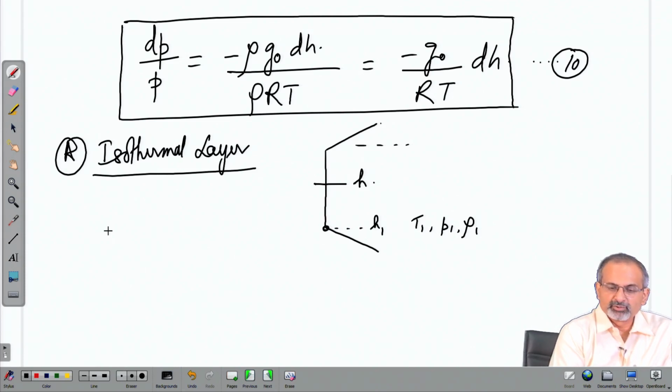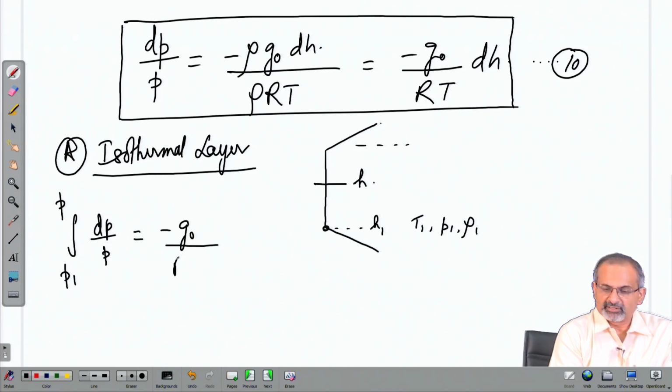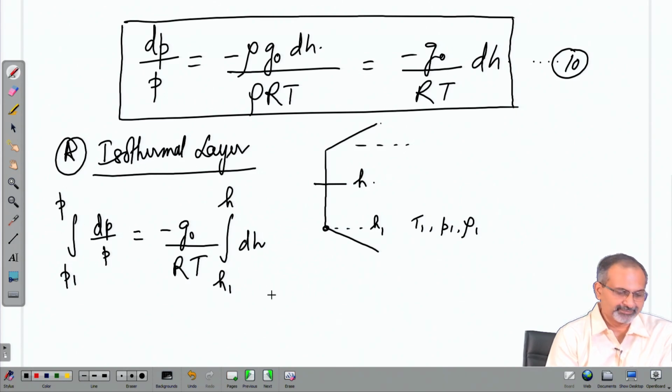Now, in this situation, if you integrate equation 10, you are going to integrate it from P1 to P. g naught is a constant, so are R and T, so they go out of the integral. So, you are going to integrate dH from H1 to H. What does it yield on integration?